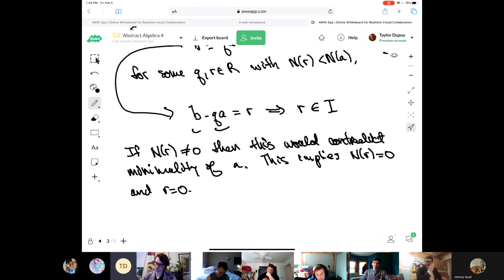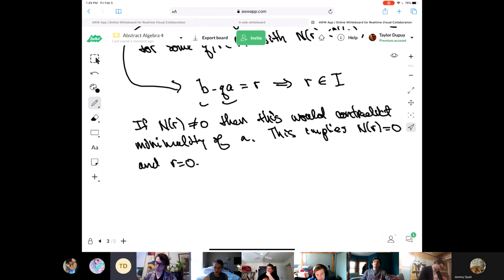That was one of the axioms. So this tells us that B is equal to QA. So B is an element of the ideal generated by A.